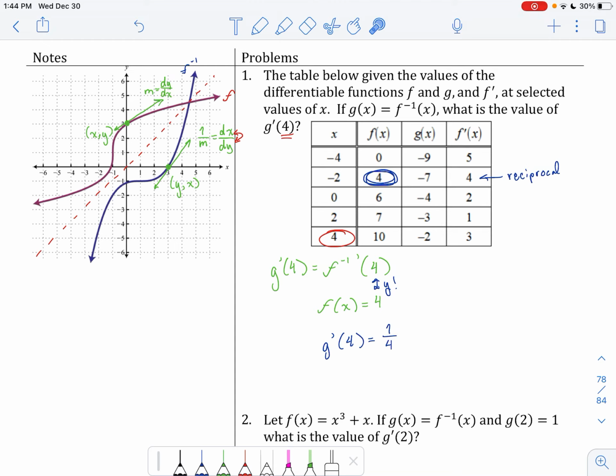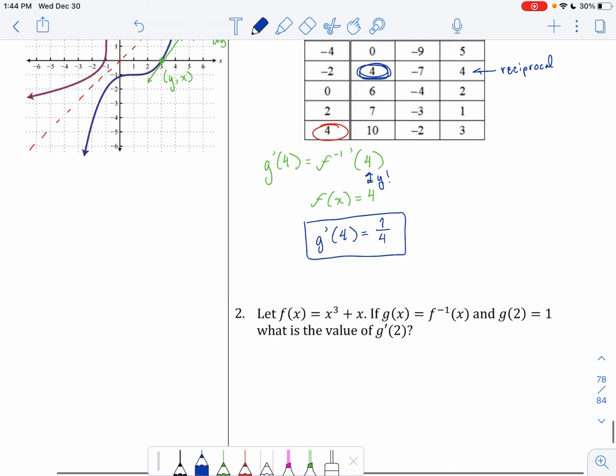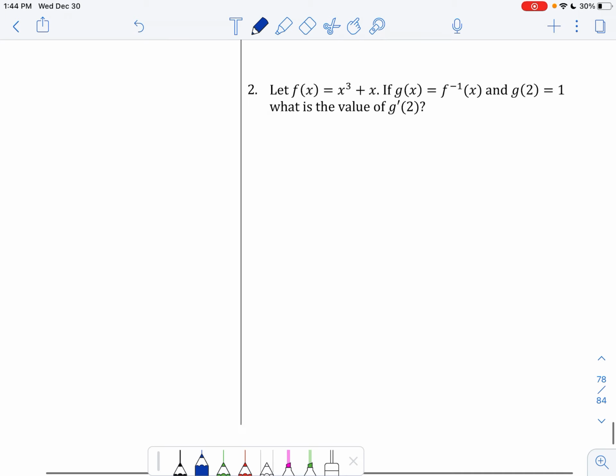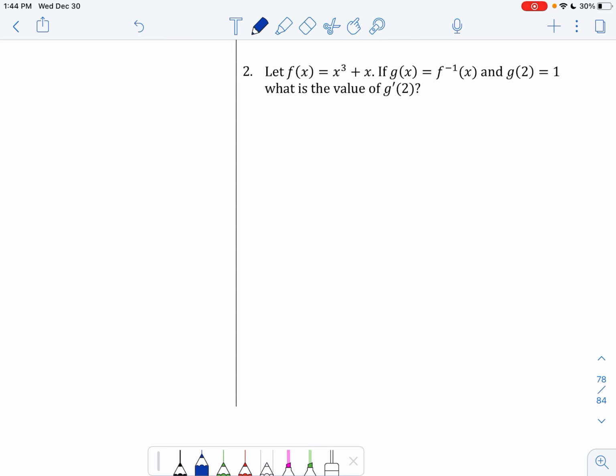This is one of those values where I think it's actually easier when you're given the function by itself. So here, number 2, let f of x equal x cubed plus x. If g of x is equal to f inverse and g of 2 is equal to 1, what is the value of g prime of 2? So once again, we know that g of 2 is equal to 1.